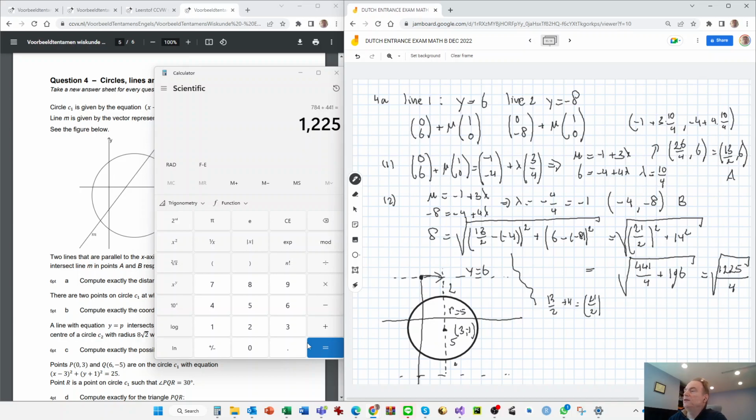Well, let's see, maybe this has actually a square root. 35.